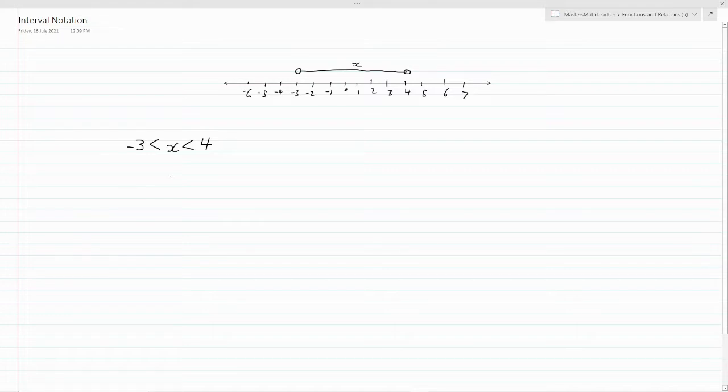So now let's put that into some interval notation. Interval notation uses one of two brackets, either a circle bracket or a square bracket. The difference is, a circle bracket is when it's less than or greater than, not equal to. A square bracket is when it's less than or equal to, or greater than or equal to.